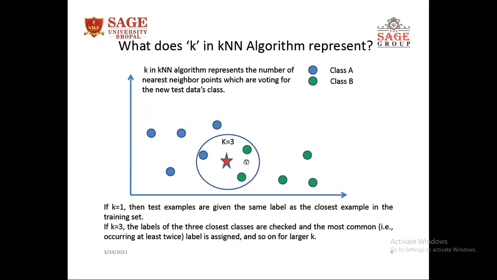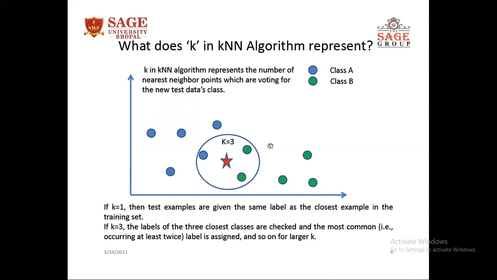Now you can see here the green data points which belong to class B are in majority because only one data point belongs to class A and two data points belong to class B. So the class label for this star data point should be predicted as green. Okay, so the data point which you have given as test data belongs to class B in that case.